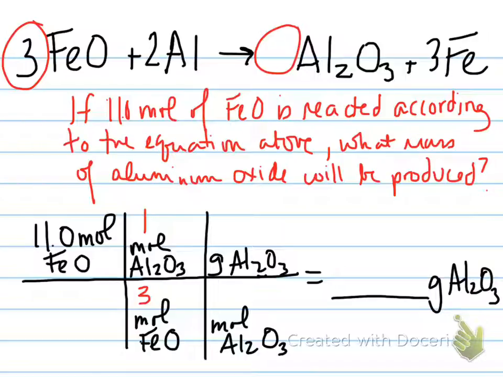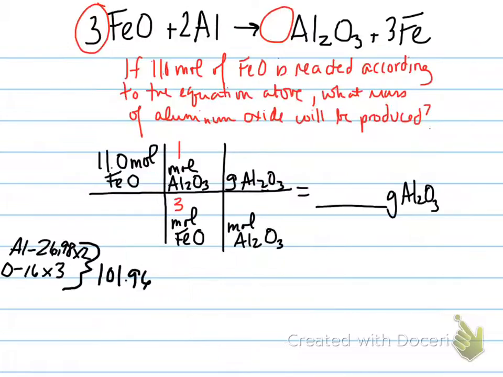We need to do some math. I'm getting 101.96 grams. Okay, so 101.96 grams of aluminum oxide and 1 mole of aluminum oxide. So now it's just down to running your factor label.